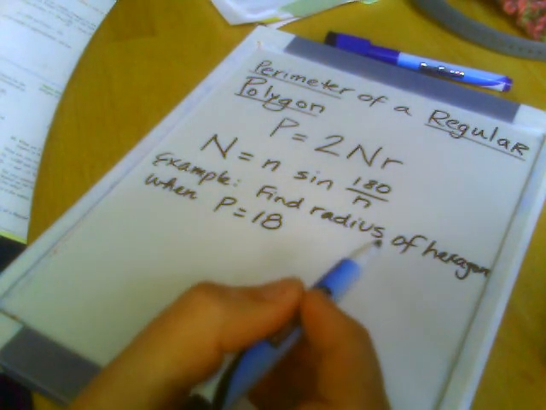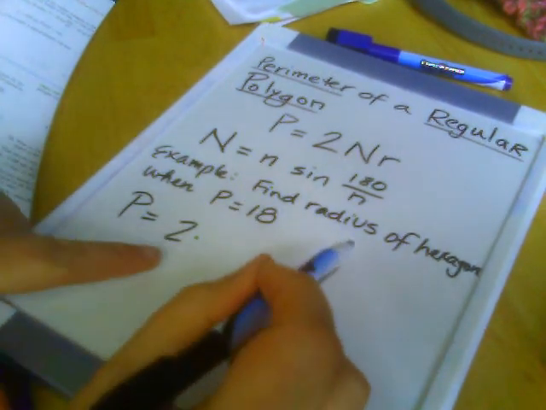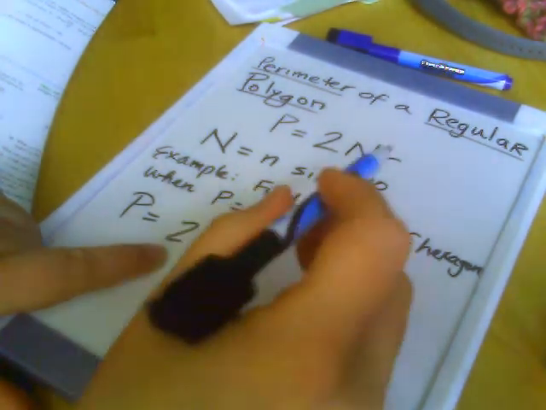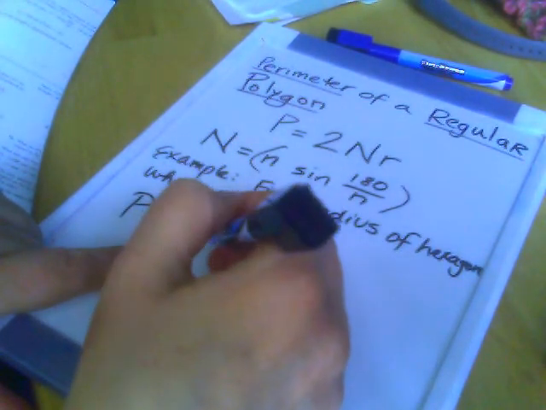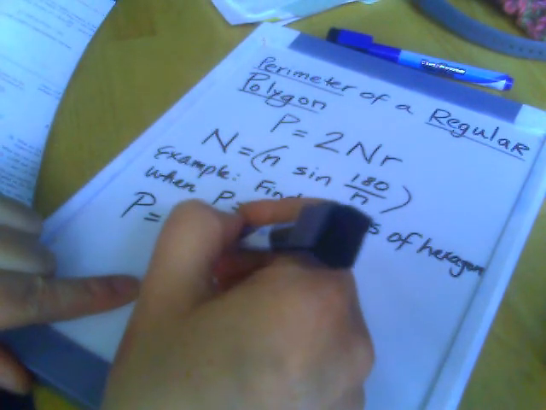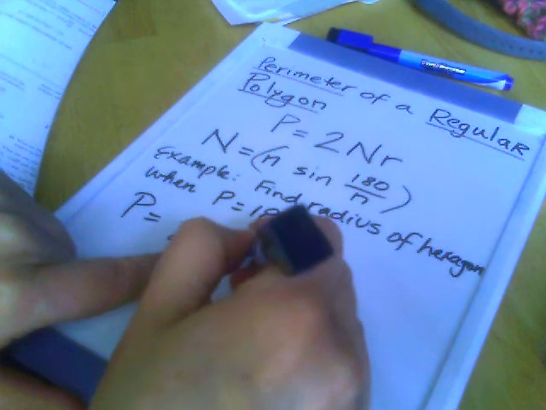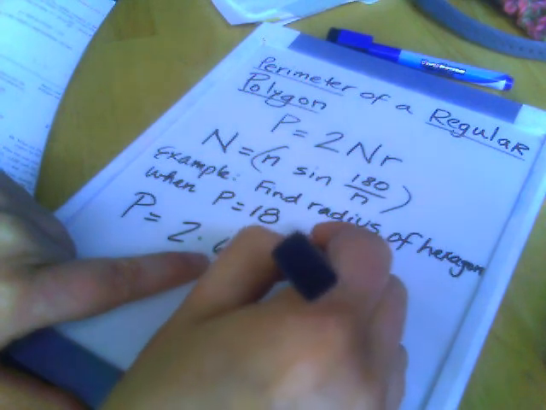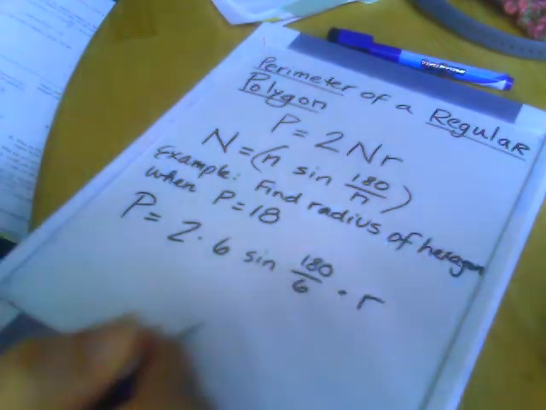So let's plug in. P equals 2 times big N. What's big N? That's this right here. So it's 2 times big N, which is little n, which would be 6, because that's a hexagon, times the sine of 180 over little n, times r.